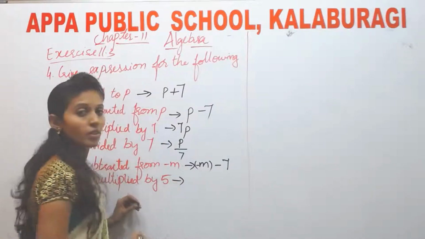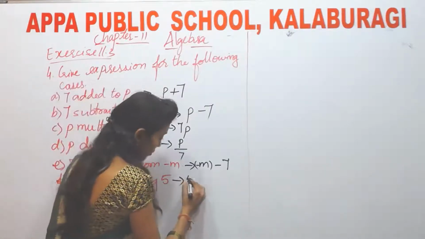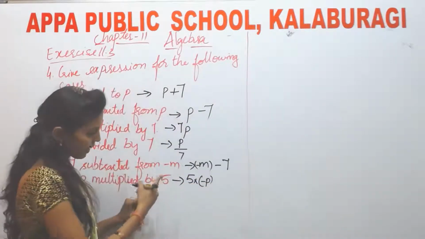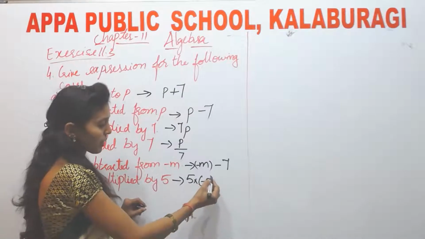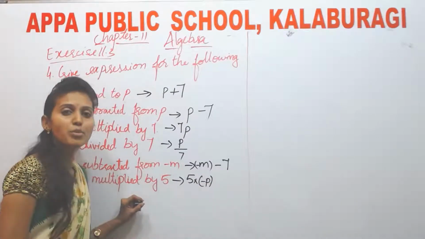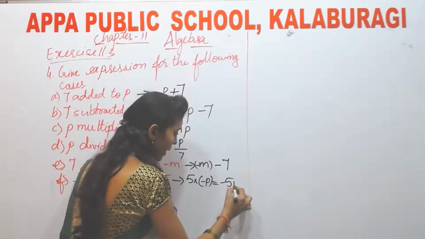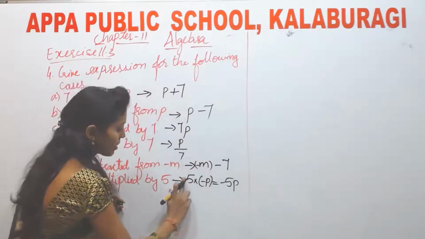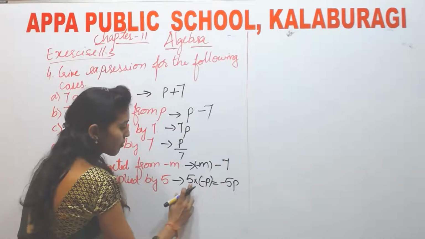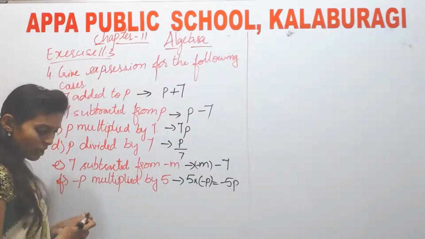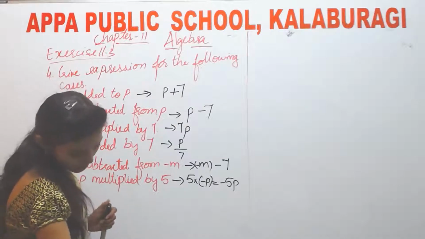So 5 into minus p. Negative integer we have to represent inside a bracket. Even we can write it as minus 5p. Plus into minus, minus 5 into p, minus 5p. That's it. Okay. Now, next one.